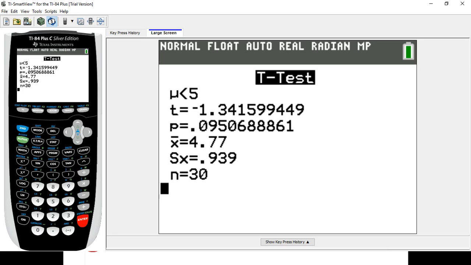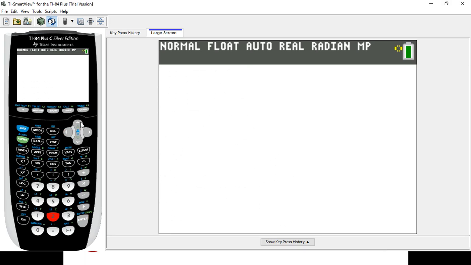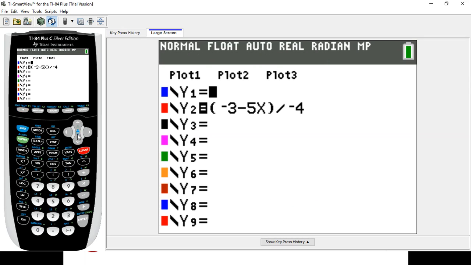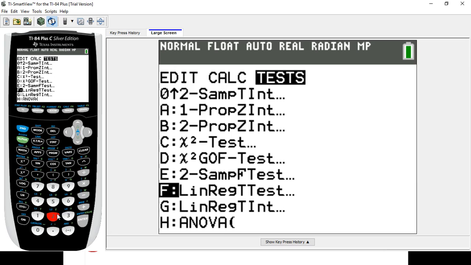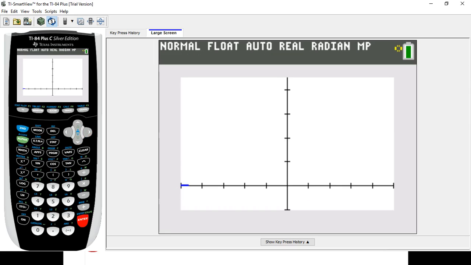They're not going to tell you your DF on a one sample one, because it's just n minus 1. Again, if I wanted to, I could hit the word draw, and maybe I should clear out my Y1 first. Okay. So we go to stat tests, t-test, and then go down, instead of calculate, you can hit draw if you'd like. That will show you what your curve looks like.